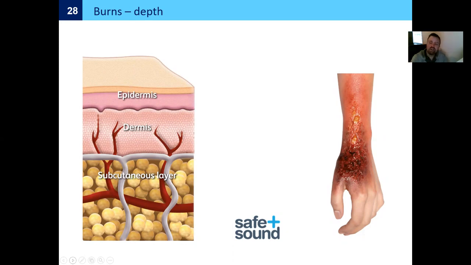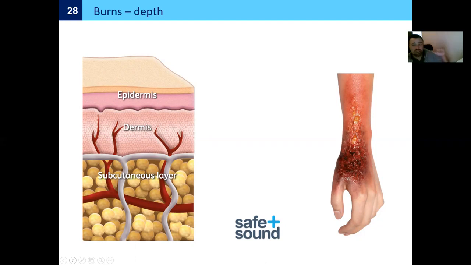So here, we then look at the depth of the burn. So the epidermis is the top layer. The dermis is the tissuey bit underneath that you can start to see, and the subcutaneous level when it goes to the yellow. So here you've got what that burn looks like on all three. So starting at the top, the epidermis is the reddened area. The dermis is where you can see it splitting up, going down, and subcutaneous.